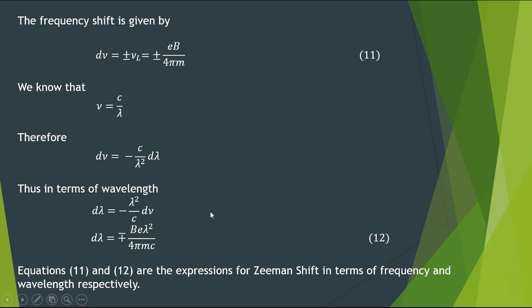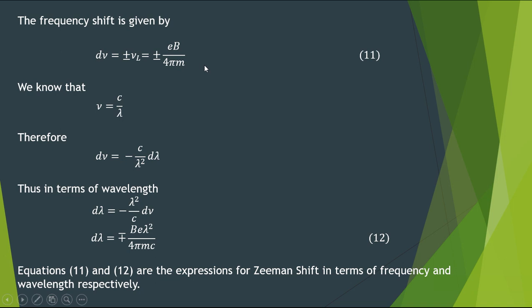As you can see in both the equations, that is frequency shift and wavelength shift equations, the Zeeman shift depends on the strength of the magnetic field.